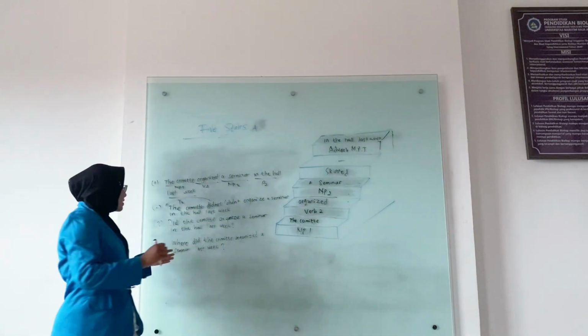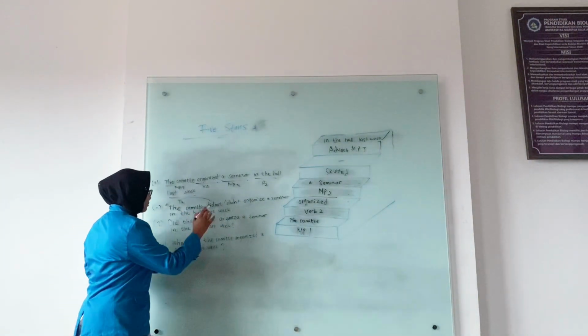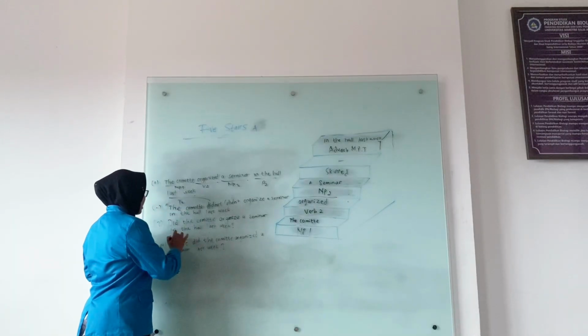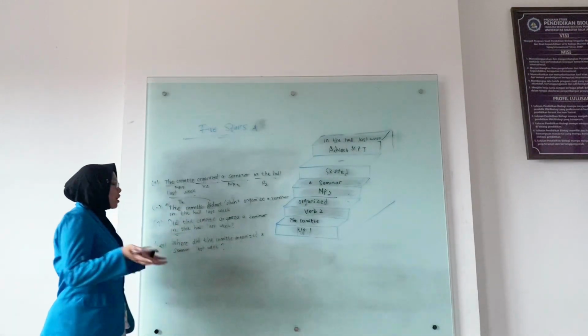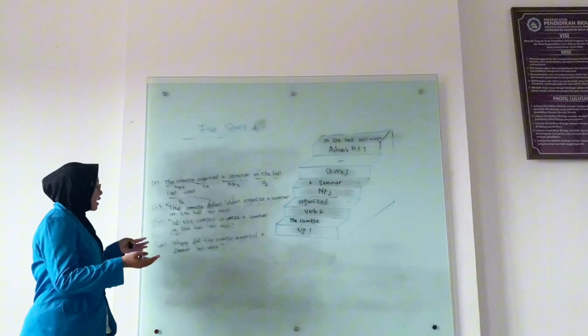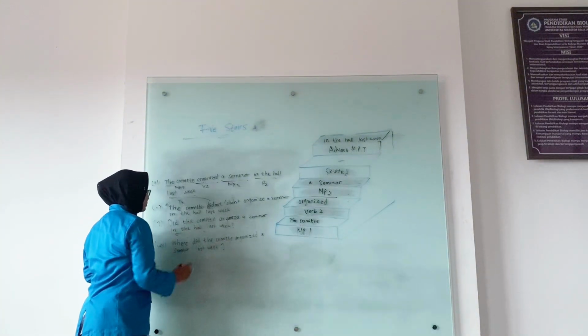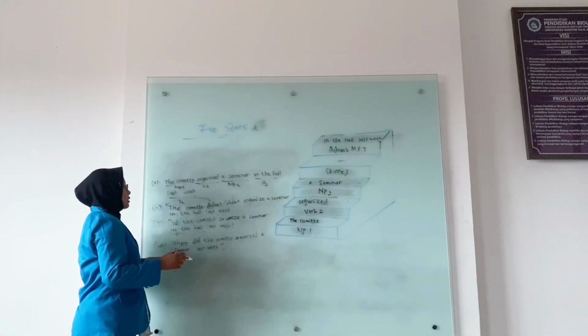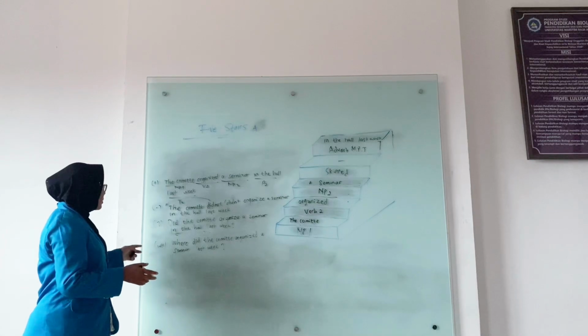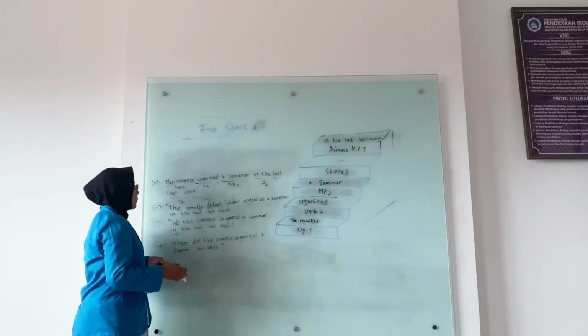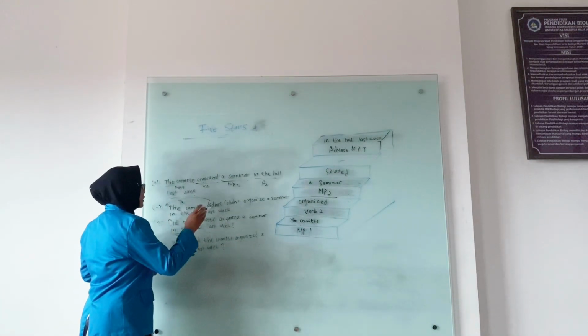So the answer is in the hall. Where did the committee organize a seminar last week? And the answer is in the hall. And the verb in WH question is not changed from verb 1.